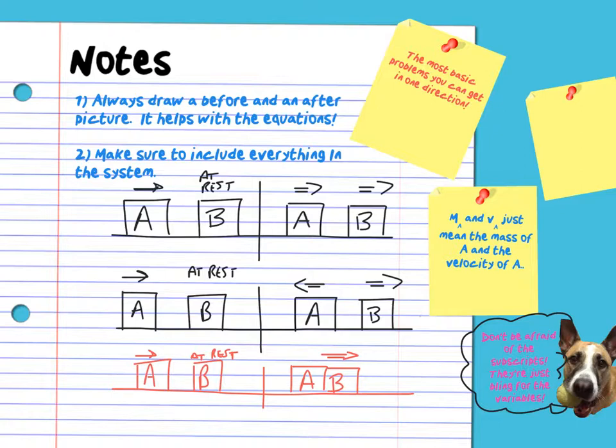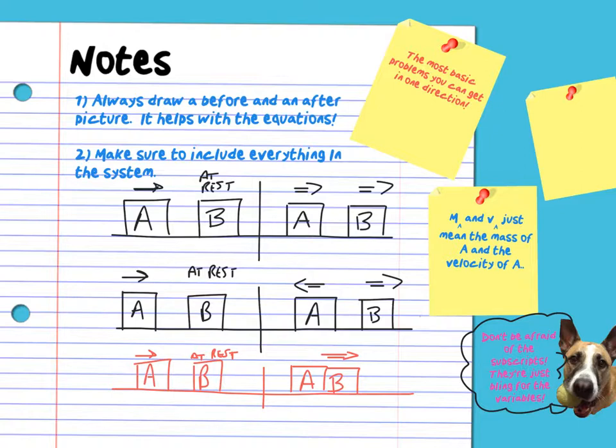Here we have a couple of diagrams, and in these diagrams we could say the system is the two boxes A and B. We are not going to include the floor that they're on, or anything else. It's simply the two boxes A and B. In all three cases, A is going to run into B, and so they are going to hit each other.